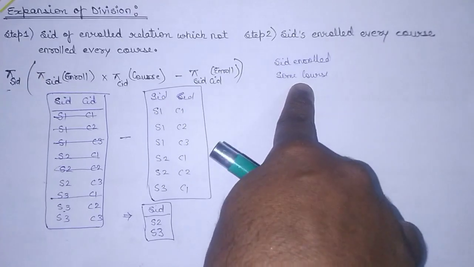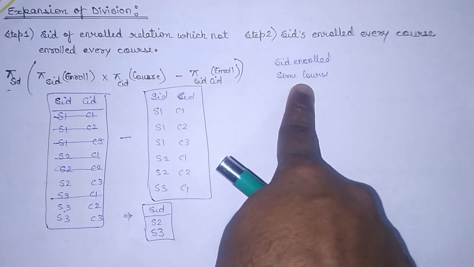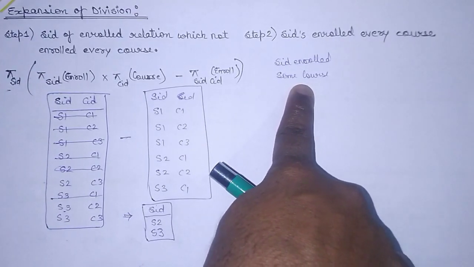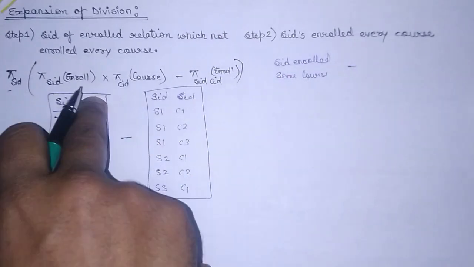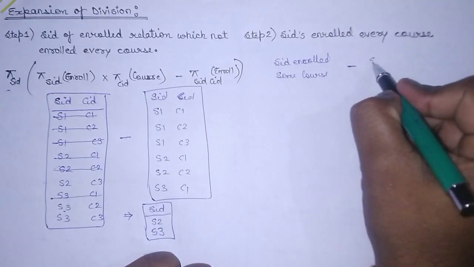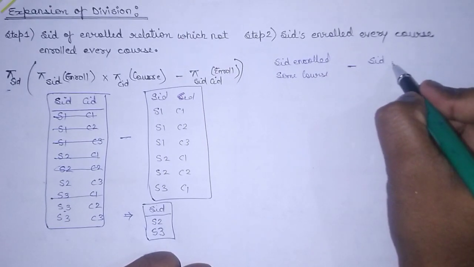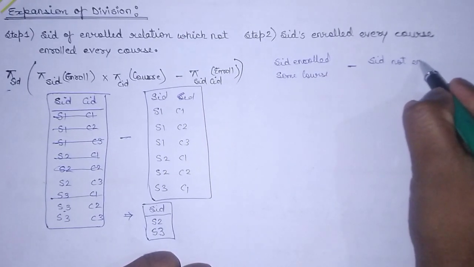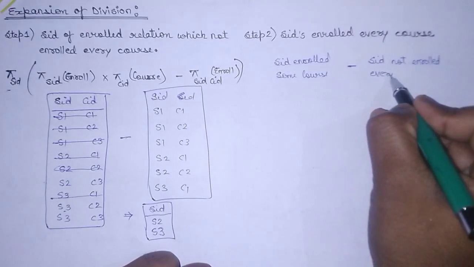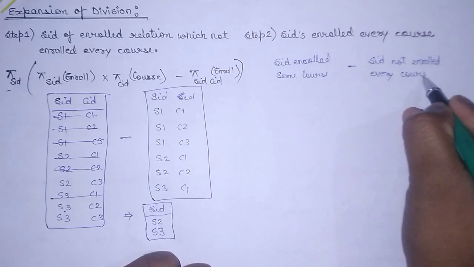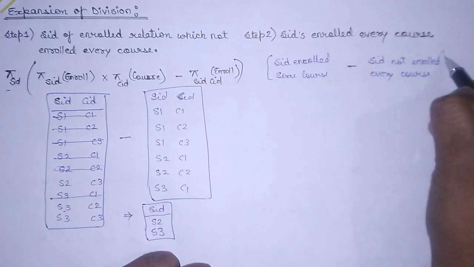So this is simply all the student IDs which are present in the table. Now we will be subtracting from this the statement, student ID not enrolled in every course. So this is what I told you earlier also.